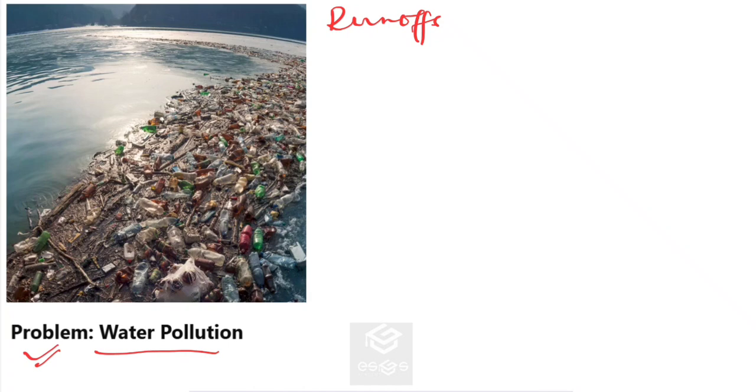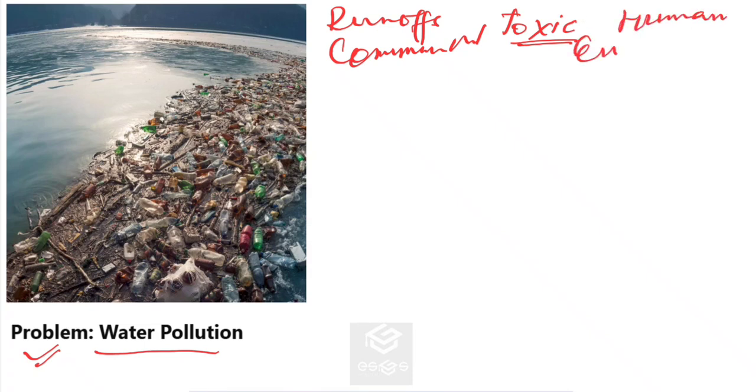The contamination of rivers, lakes, and groundwater is also a significant concern for communities dependent on these water sources for drinking, sanitation, and irrigation purposes. Also, toxic chemicals, heavy metals, and plastic pose long-term hazards to both human and environmental health. So now let us see what are the challenges in dealing with this problem of water pollution.